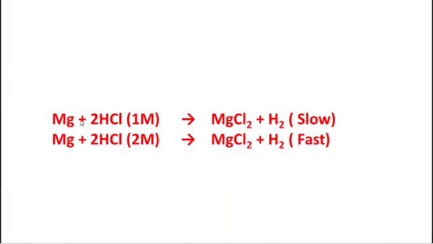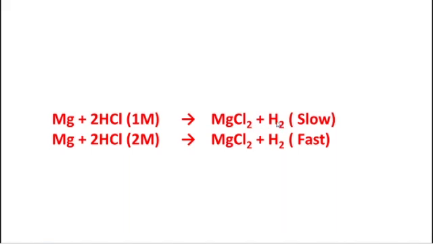A reaction: magnesium plus 1 molarity hydrochloric acid, and magnesium plus 2 molarity hydrochloric acid. 1M means 1 molarity, 2M means 2 molarity. The products are MgCl2, magnesium chloride, and hydrogen gas.